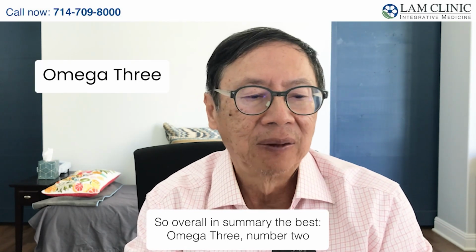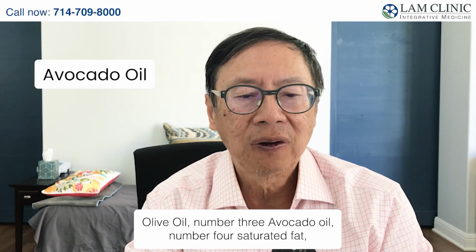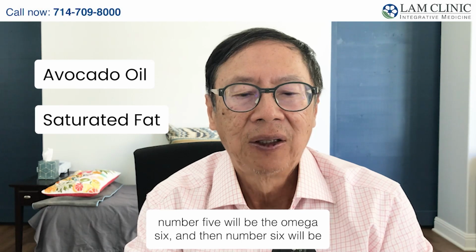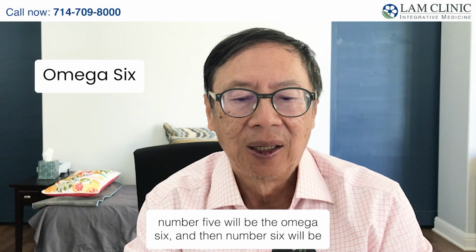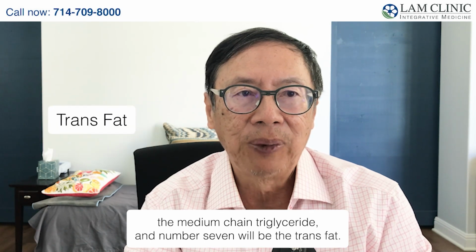So overall, in summary, the best is omega-3. Number 2, olive oil. Number 3, avocado oil. Number 4, saturated fat. Number 5 is omega-6. Number 6 is medium chain triglyceride. And number 7 is trans fat.